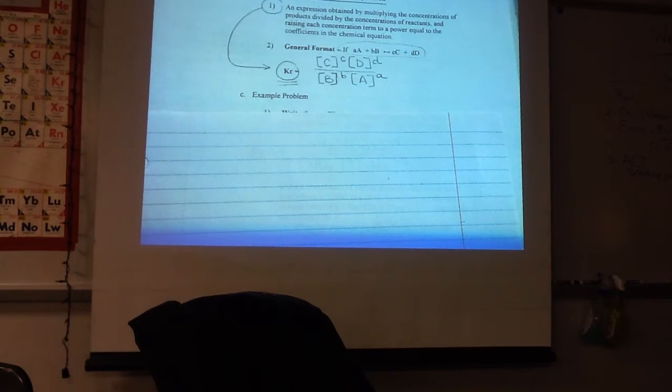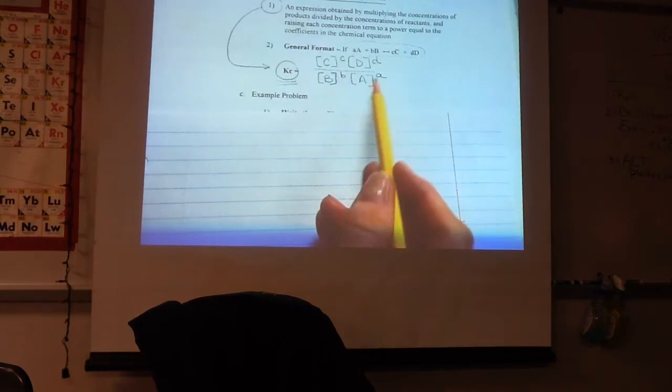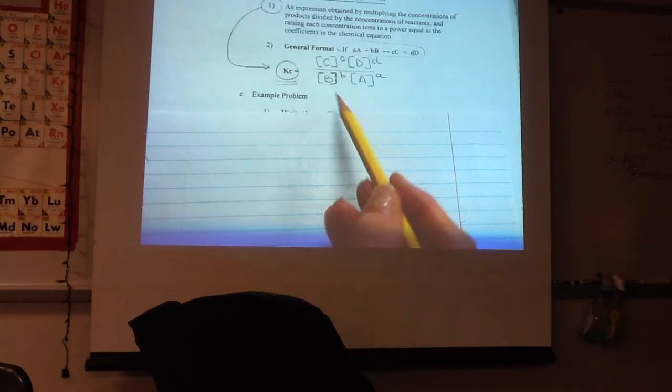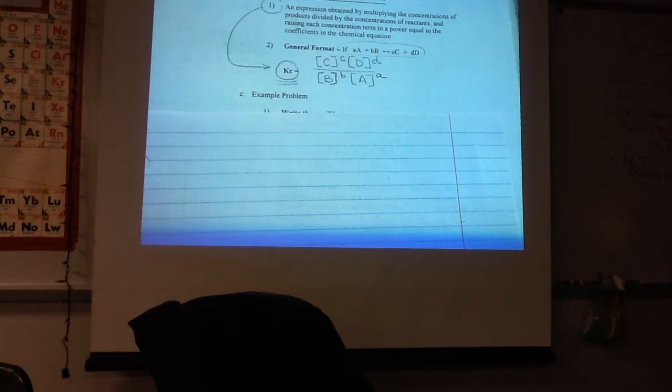If I'm dealing with equilibrium, then I'm going to raise to the power of the moles in terms of my equilibrium expression, okay? So I'm pointing this out because this is a common thing that happens to kids, and they get into some trouble when they get these things overlapping.